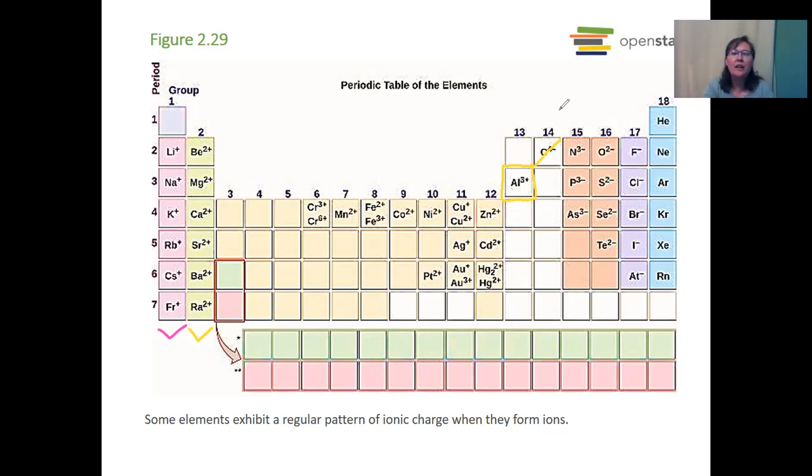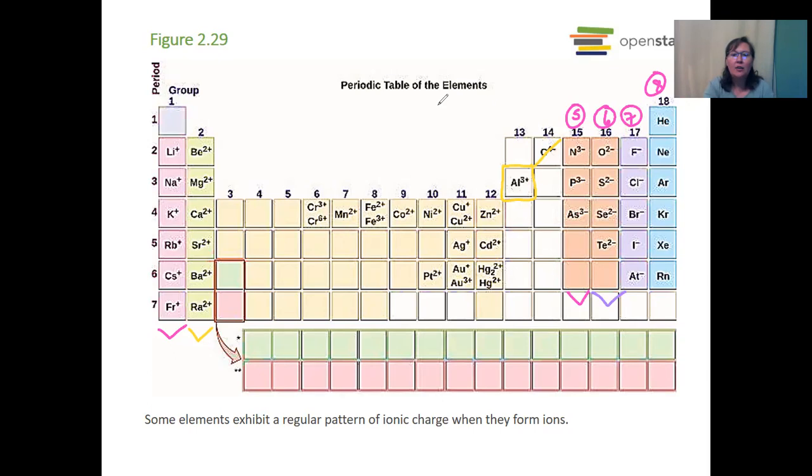And then we're going to think about these in terms of group 5, 6, 7, and 8. Okay, and here you can see that in group 5, our nitrogen group, these all form -3 charges. And here in group 6, we have -2 for group 6 with our oxygen.